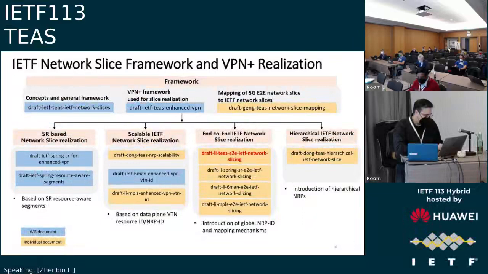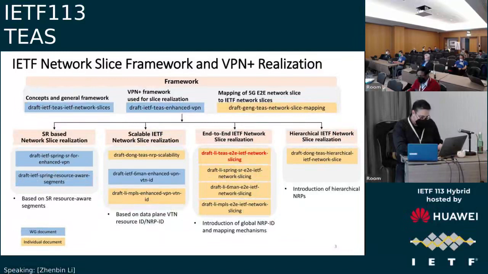Okay, so here is the journey of the network slicing work. At the beginning, there was the SR-based network slicing realization. Now this is about the scalable IETF network slice realization based on decoupling the topology and the resource for network slicing.